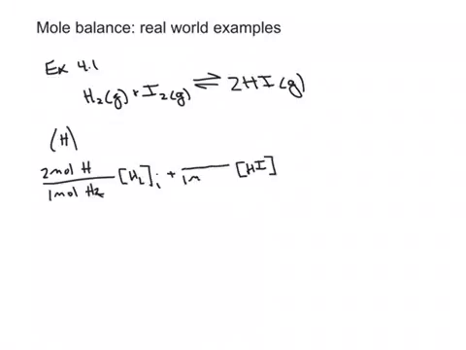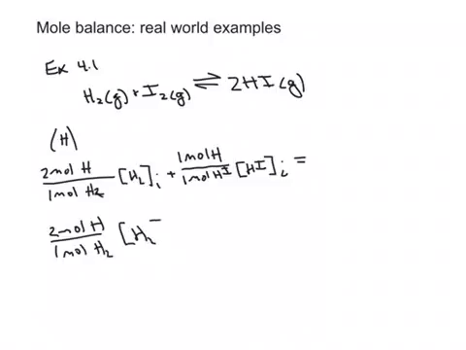So there's 1 mole of HI per 1 mole of H. And we can set this equal to the exact same thing, but we'll switch out our I's for equilibrium. I'm just copying everything down.